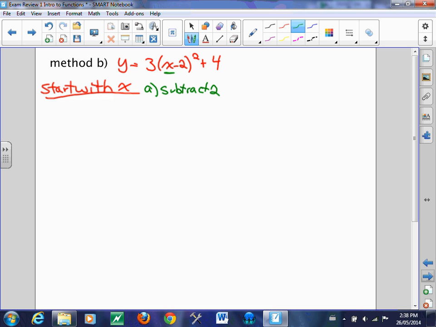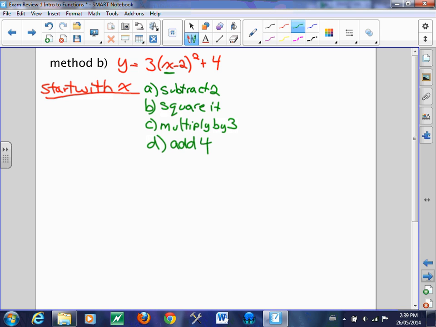And then what's next affecting that is the squared. So you're going to square it. Okay. Then you're going to multiply by 3. And then last, according to BEDMAS, you are going to add 4.